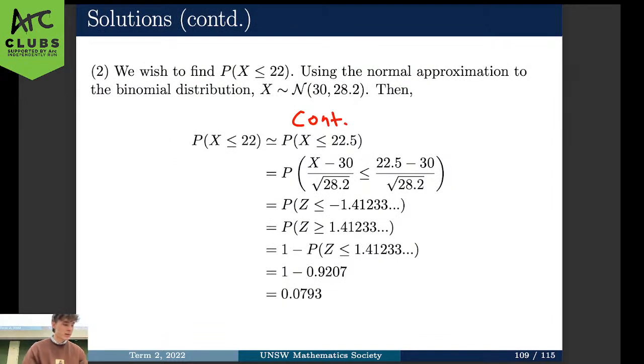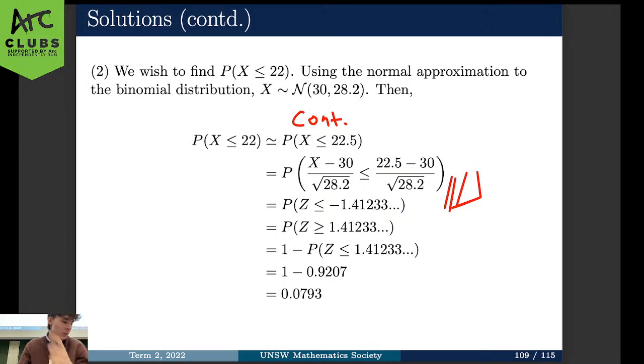And that becomes the probability of X being less than or equal to 22.5. Then remember that we can't actually determine this because we can't integrate the PDF. So we standardize it by taking X minus mu on sigma. And now that's the same as the probability of Z being less than or equal to negative 1.41 approximately.